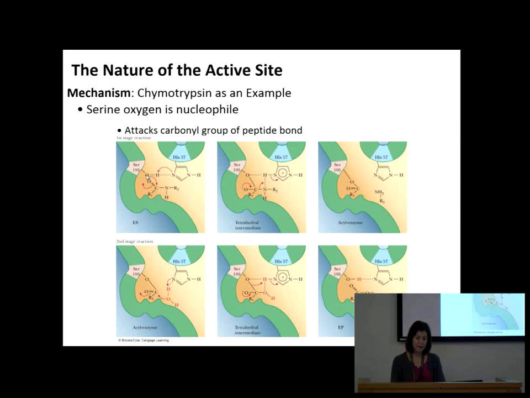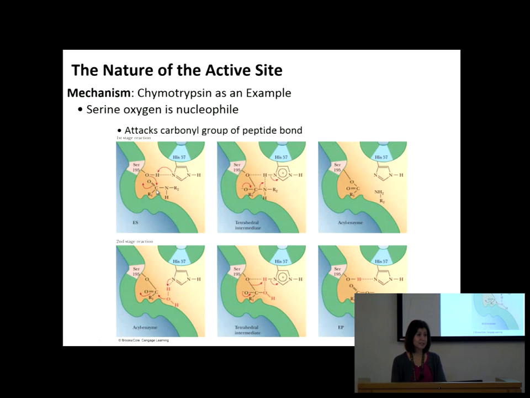So the bond between the oxygen and the hydrogen is weakened by this hydrogen bonding. So this oxygen is a nucleophile, and it is going to nucleophilically attack the carbon of the carbonyl.